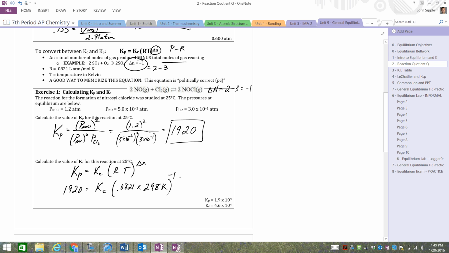And we're raising that to the -1 power. I got 0.0408 there, and 1920 divided by that answer. So Kc I got equal to pretty much 47,000.